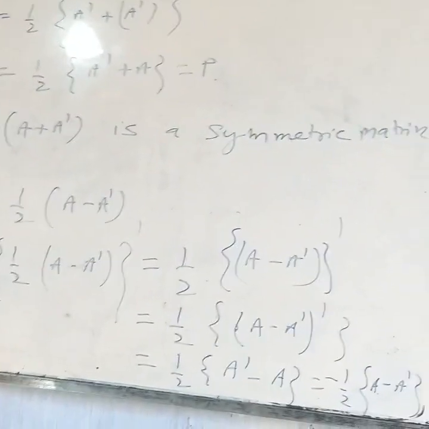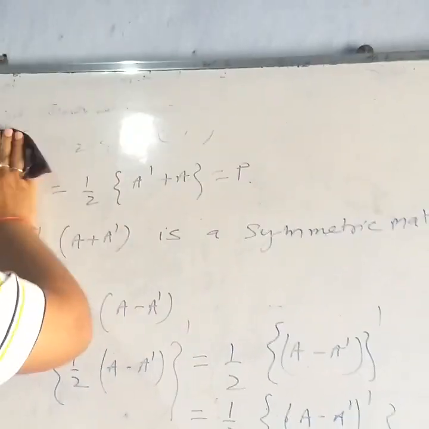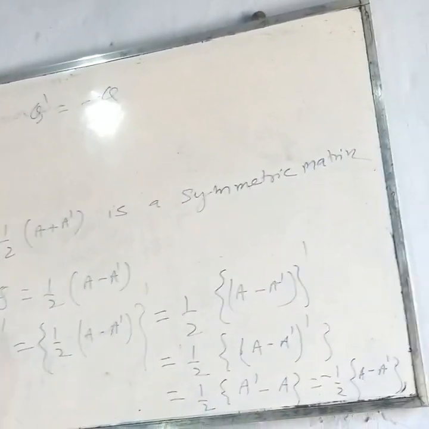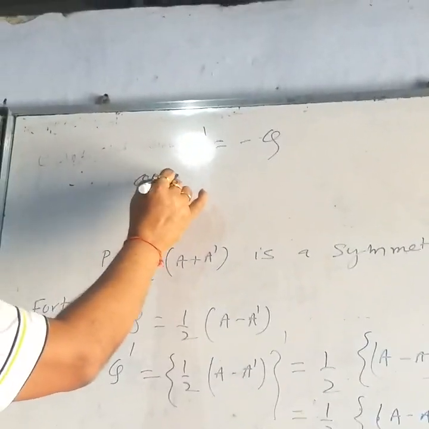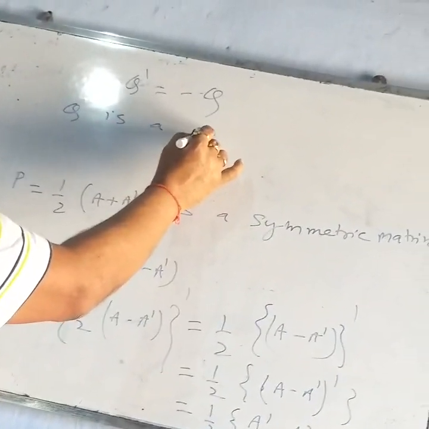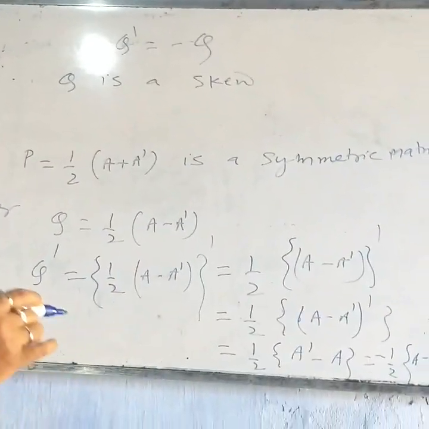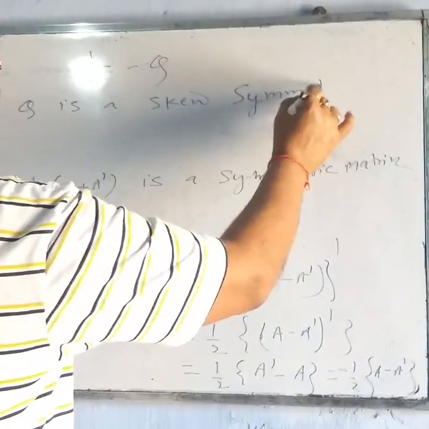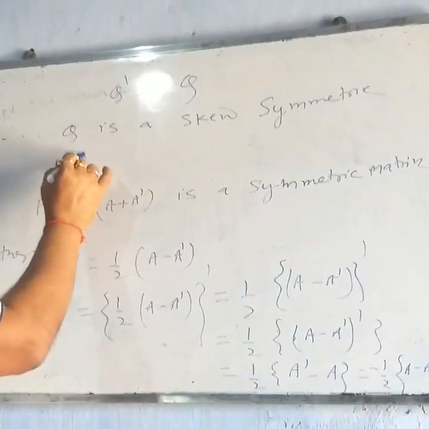So we see that Q transpose is equal to minus Q. So Q is a skew symmetric matrix.